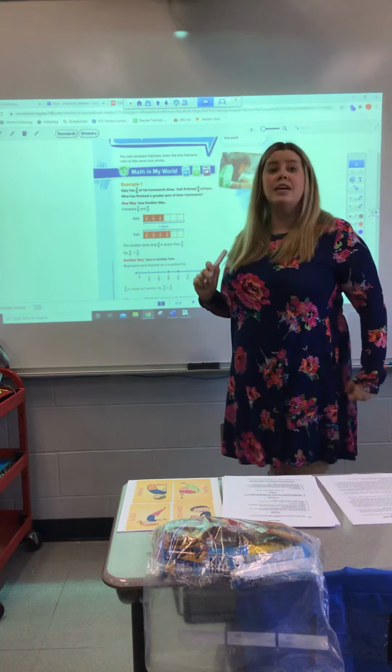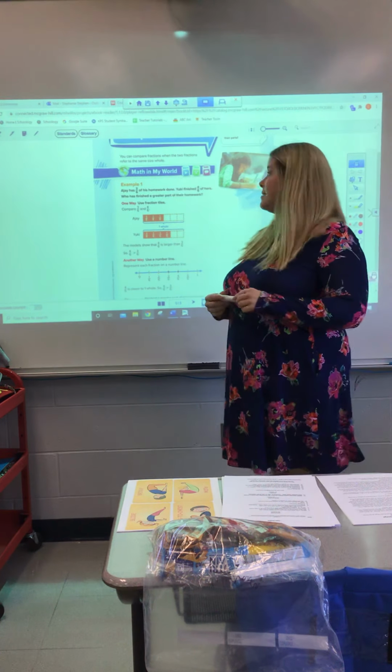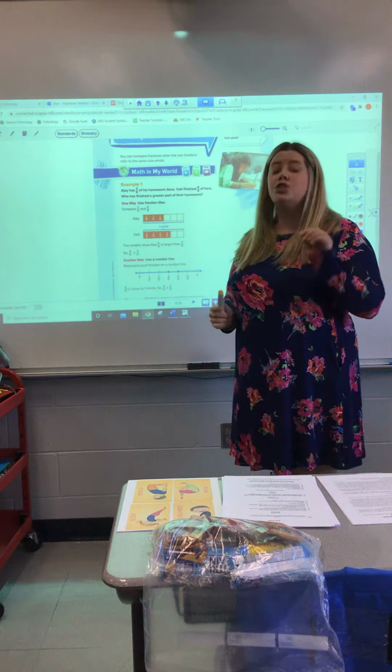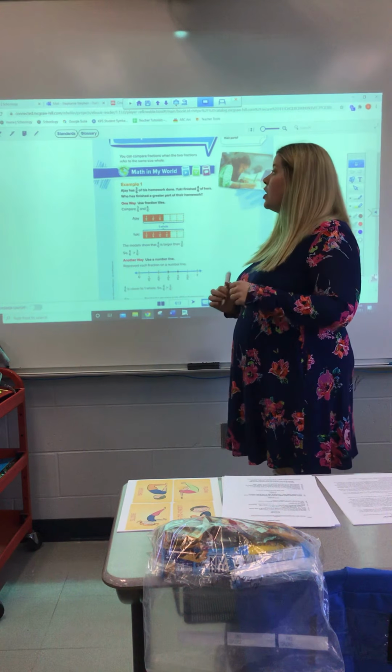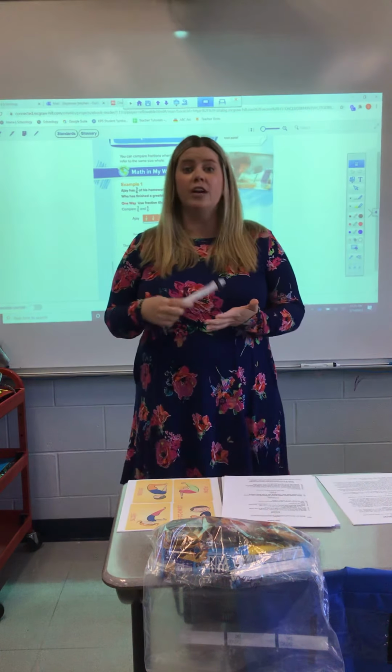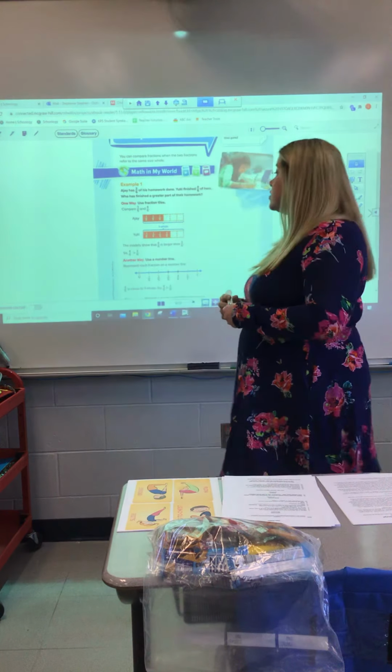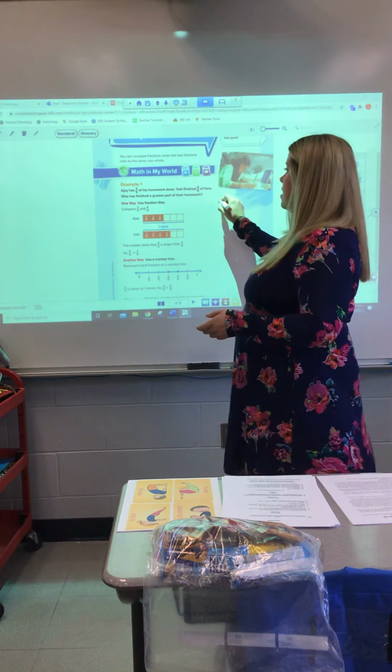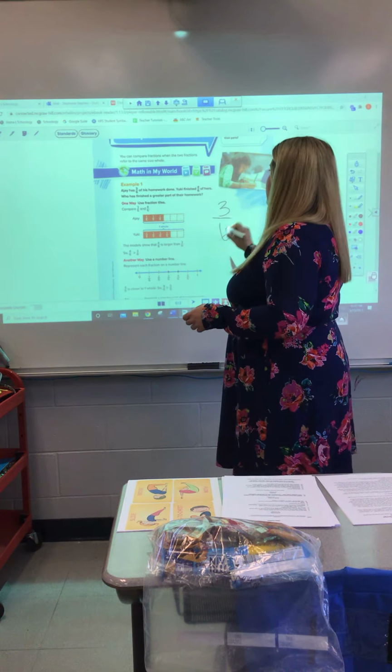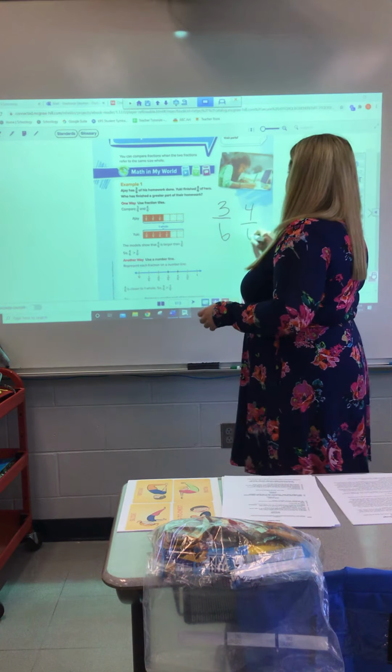AJ has 3/6 of his homework done. Yuki finished 4/6 of hers. Who has finished a greater part of their homework? So the fractions that we're looking at are 3/6 and 4/6.